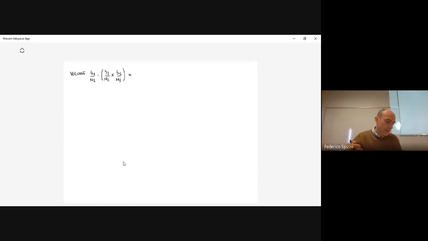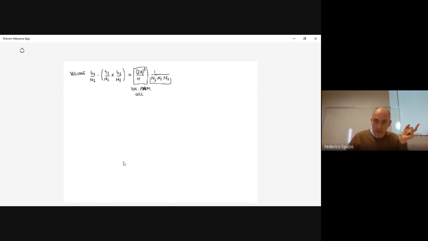And the volume of the primitive cell in the reciprocal space is (2 pi) to the power of 3 divided by the volume of the primitive cell in the direct space, and then divided by N1 times N2 times N3. So this is the volume of the primitive cell in the reciprocal space.